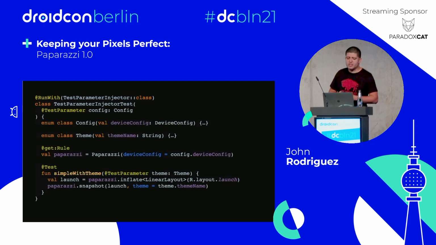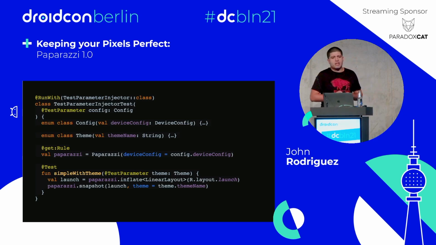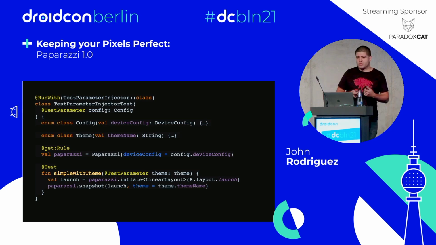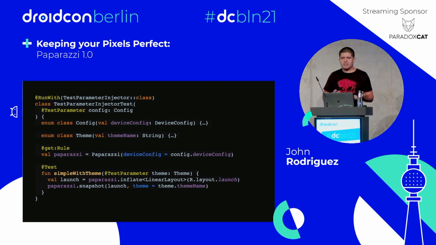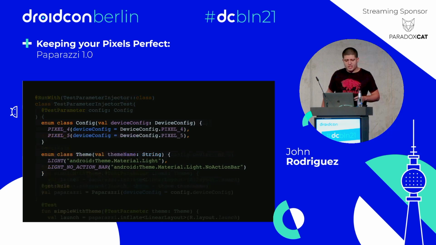Say, for example, that you want to test over a variety of device matrices, say the new Pixel 6 that's coming out. And maybe you've also implemented light mode and dark mode, because isn't every app except Twitter doing that these days? So now you can use test parameter injector to iterate over these device matrices, again, similar to how we're invoking it before.